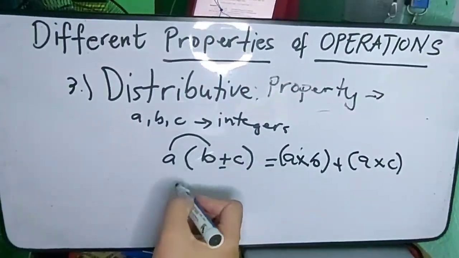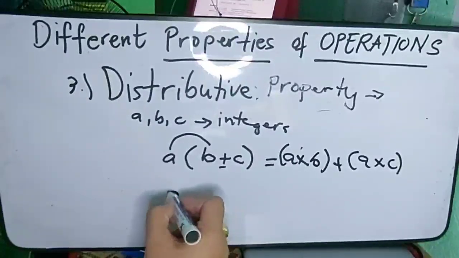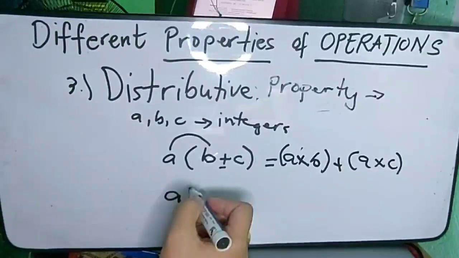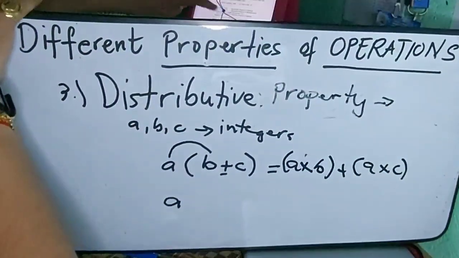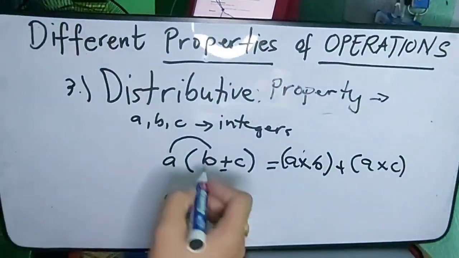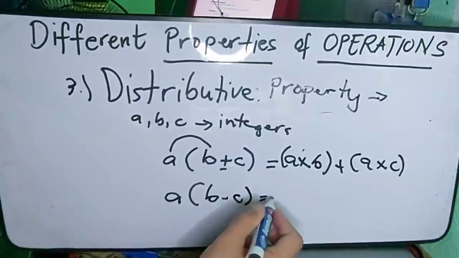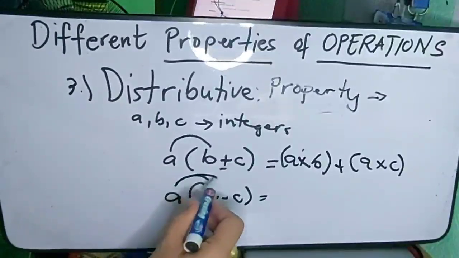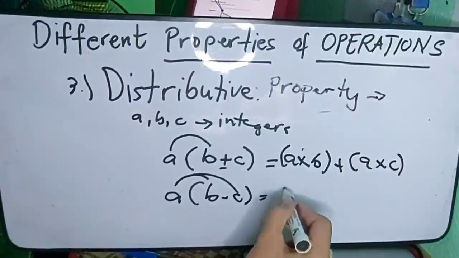Another one, let's use the operation subtraction. For example, A times the quantity B minus C. Let's distribute the same thing: A times B, A times C. The operation we're going to use is subtract.